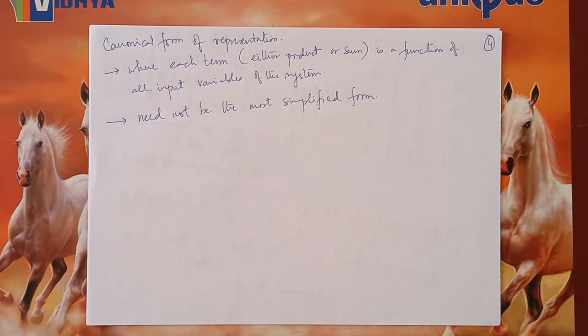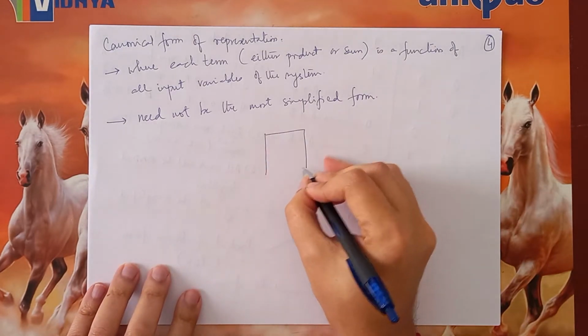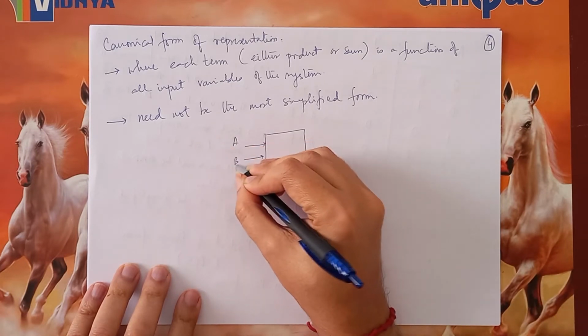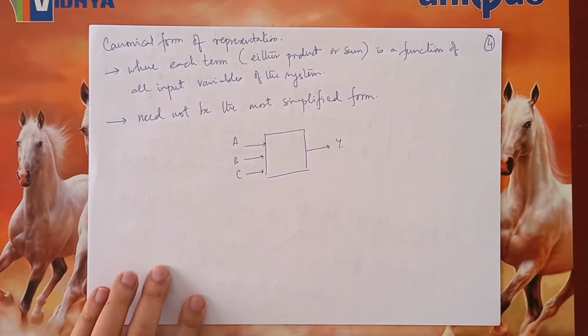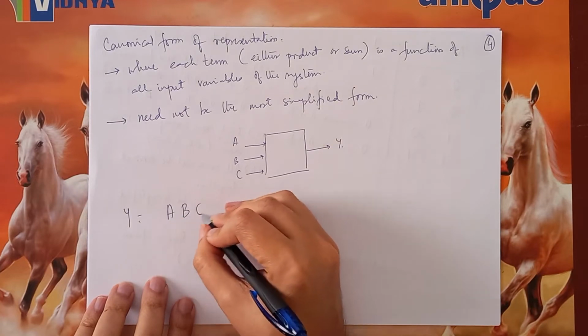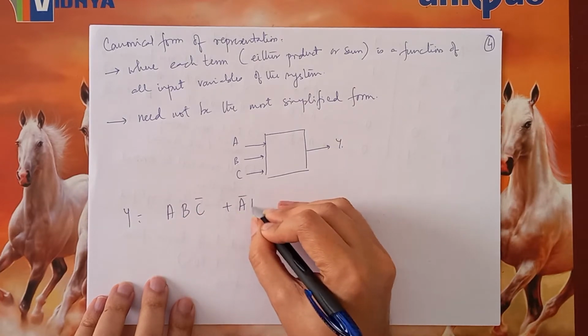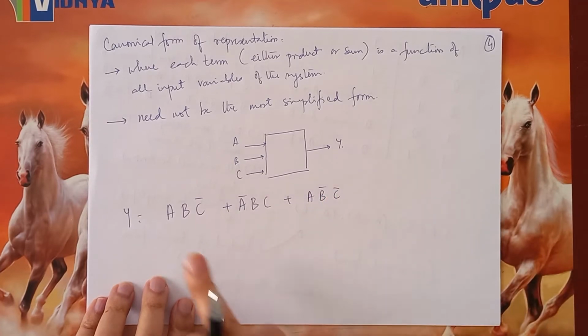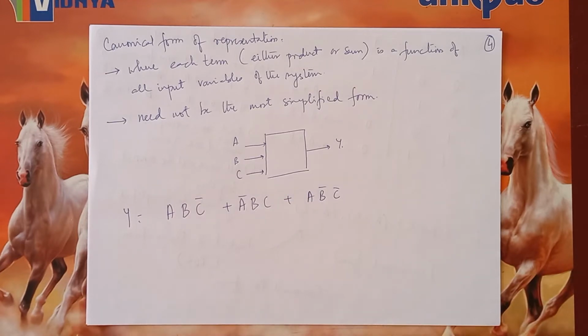Suppose I have a system with three inputs, for example, A, B and C, and an output Y, and I want to represent Y in the SOP form. Then this may be possible. What you can see in SOP form is that each product term is a function of all the variables.